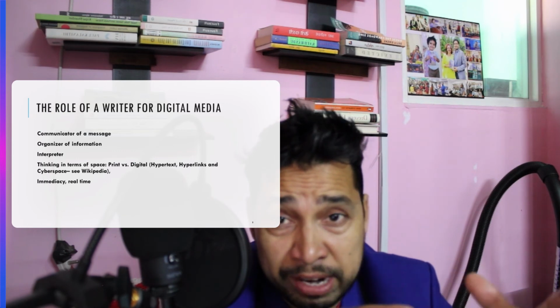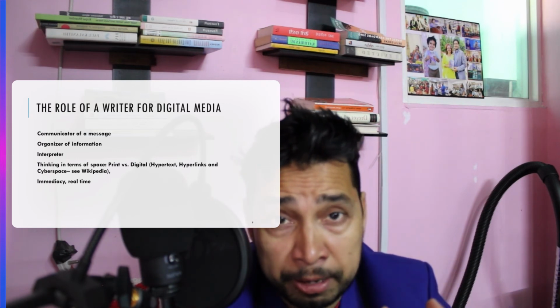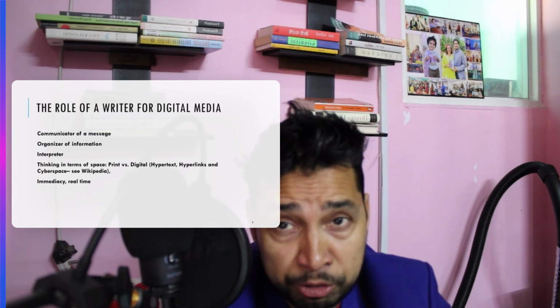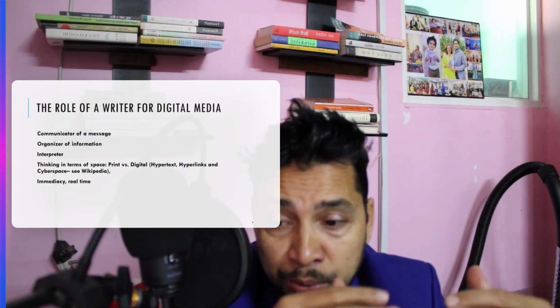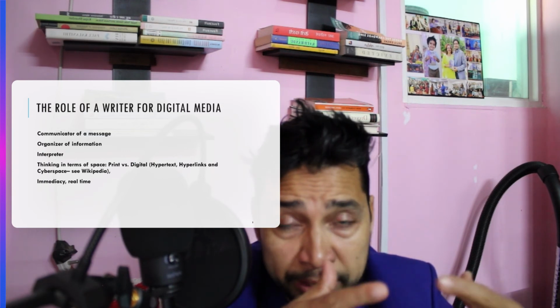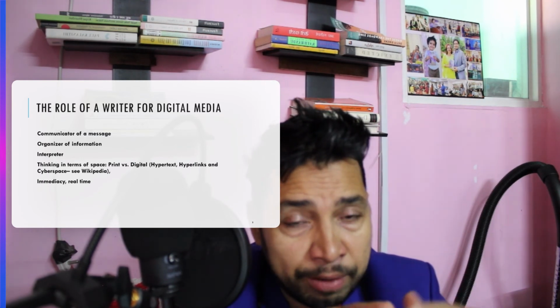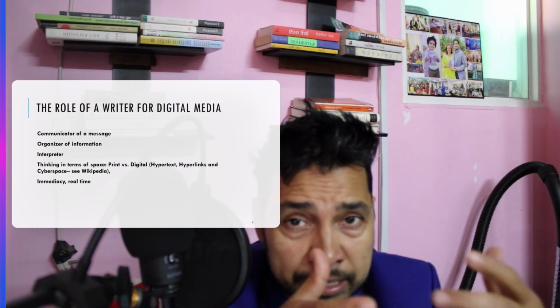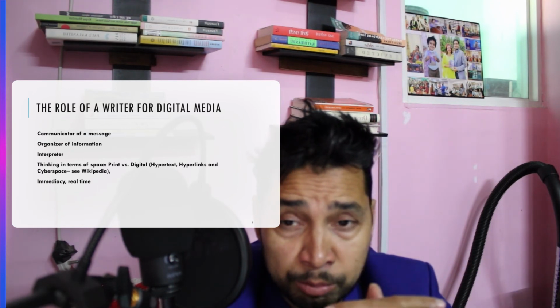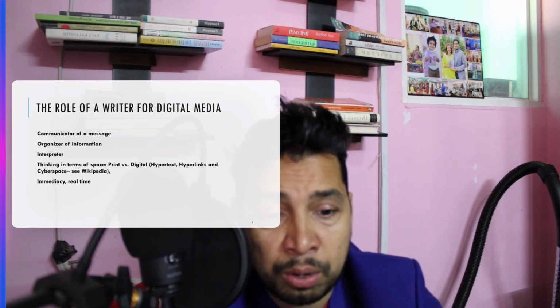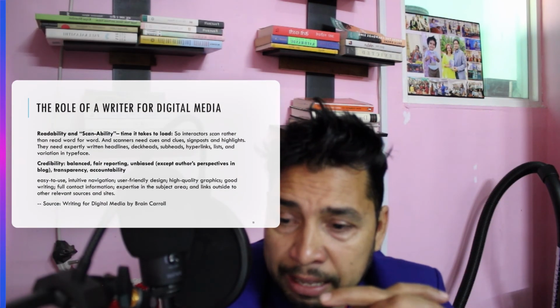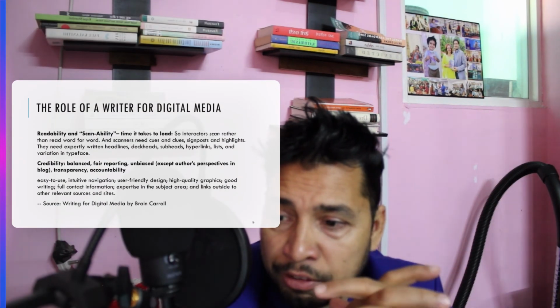If there is extra information, you can use hypertext and hyperlinks to connect to the particular information you are trying to convey. That's the joy, the pleasure of writing for digital media. And also immediacy: if timely content comes up, you can make that available digitally. That's the advantage of writing for digital media.